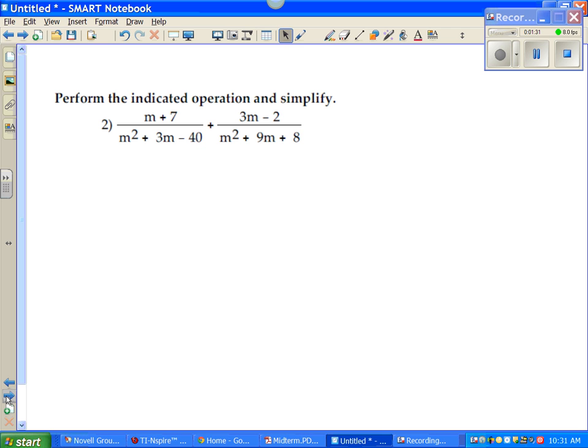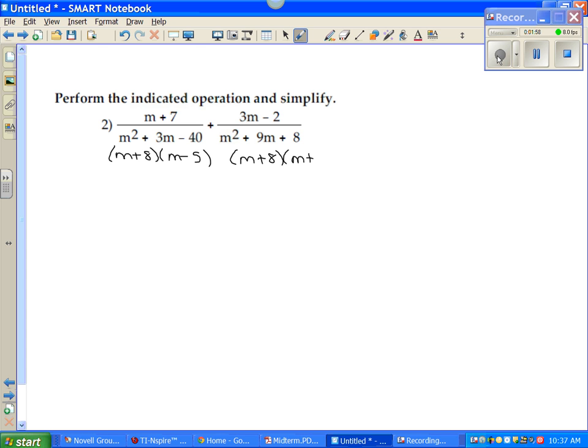All right, so go ahead and try this one. All right, what's my first step, guys? How do I figure out what the common denominator is? Good, I have to factor. What are they? Okay, and this one over here?